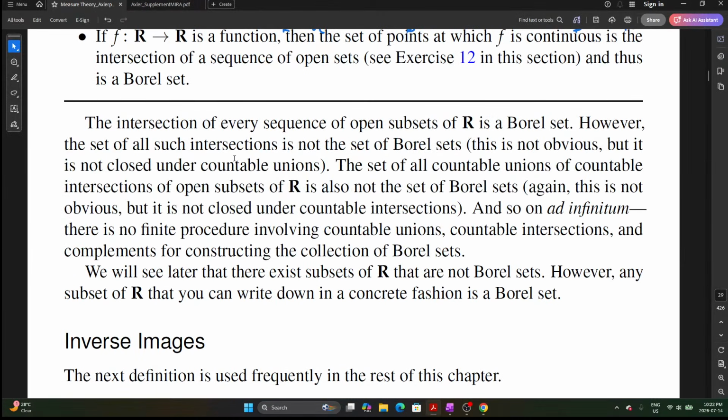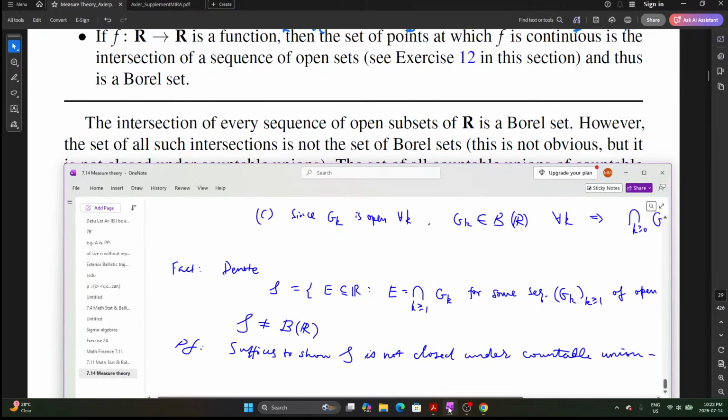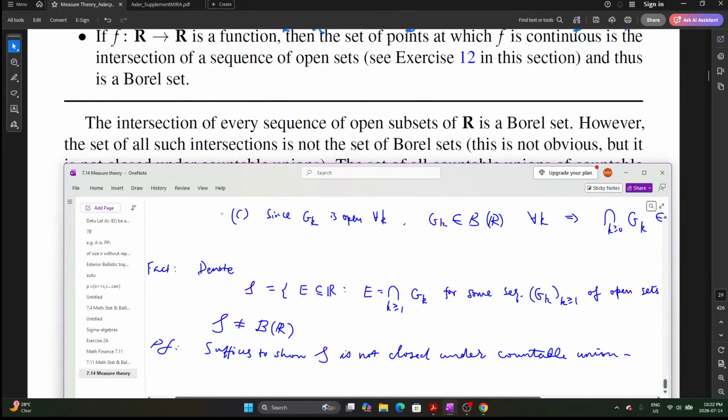Next it says the set of all intersections. Let's write it this way.